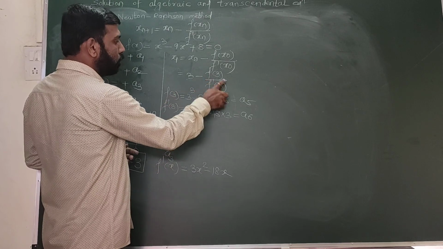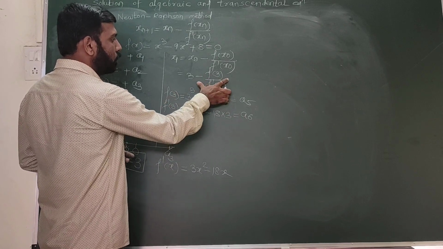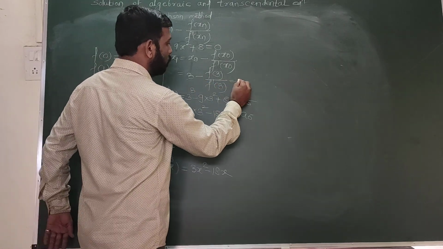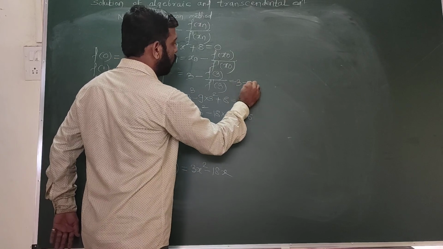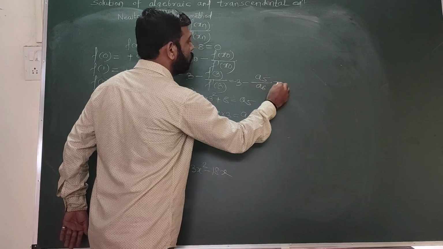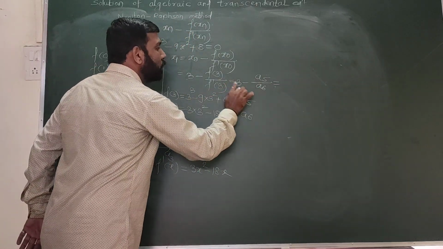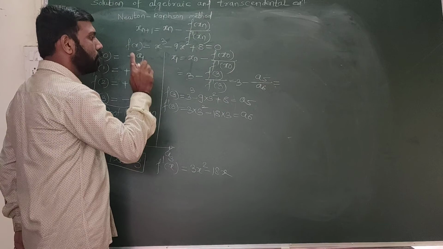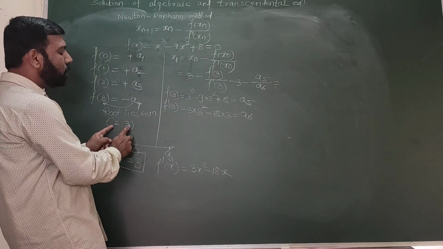Now we have the f of 3 value and the f dash of 3 value, so we substitute in this expression, which is equal to 3 minus a5 upon a6. The value of this expression after calculation must be in the interval 2 and 3. Suppose, as an assumption, this value is 2.5456. That value must be in this interval.